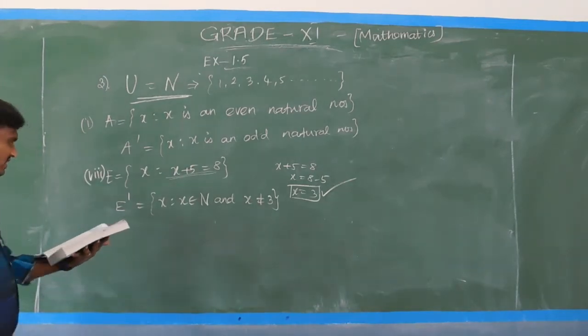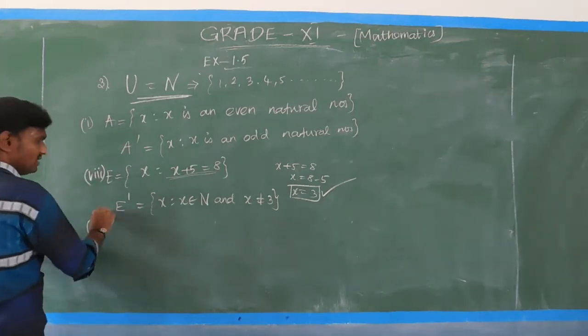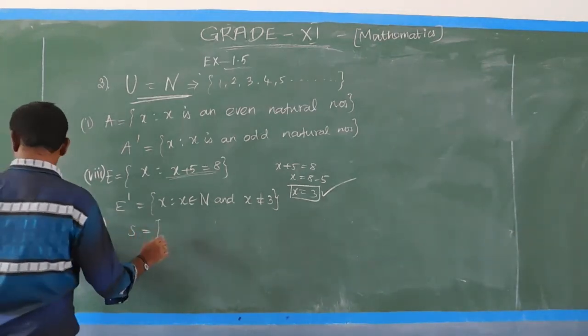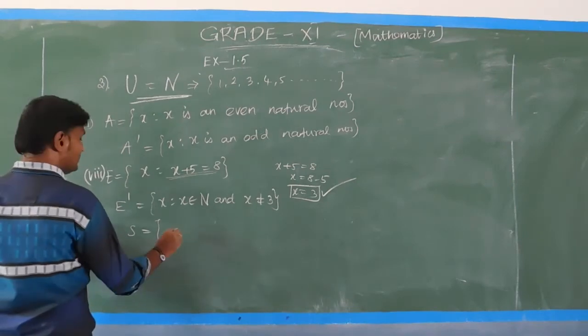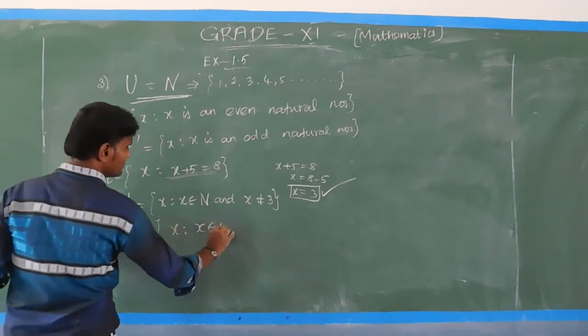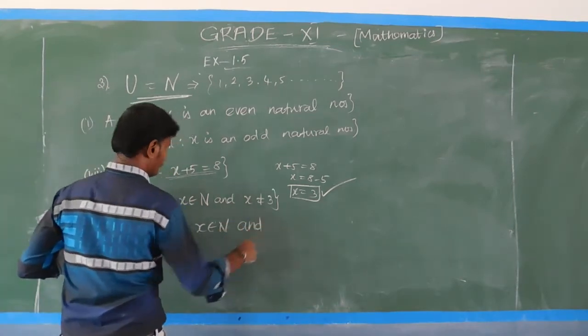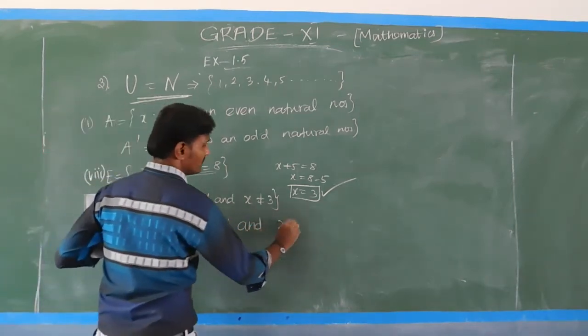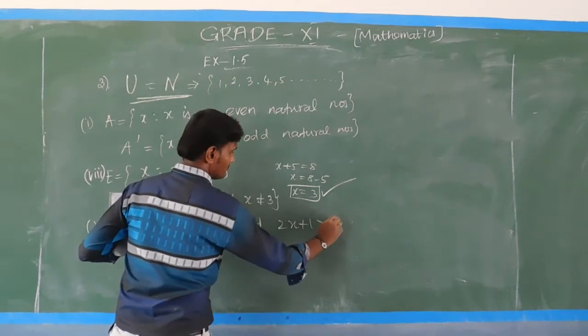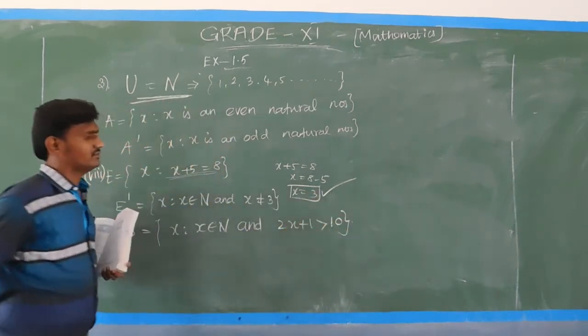The last question, the 11th also. See, give the name S. That is x such that x belongs to N, natural numbers, and 2x plus 1 is greater than 10.